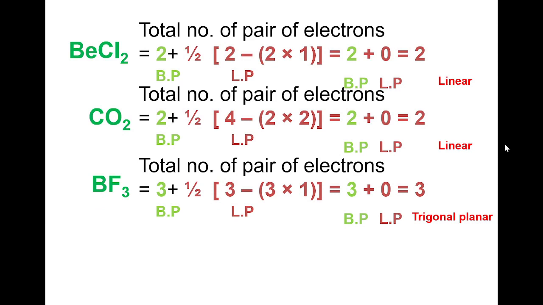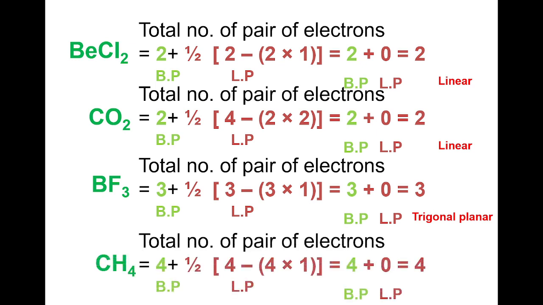By using the same formula we can also predict the shape of the methane molecule. In methane the formula is CH4, with 4 hydrogens surrounding carbon. So 4 is the total surrounding atoms, that is the number of bond pairs, plus half of the outermost electrons of carbon, 4, minus 4, the surrounding atoms, into 1, the valency of hydrogen.